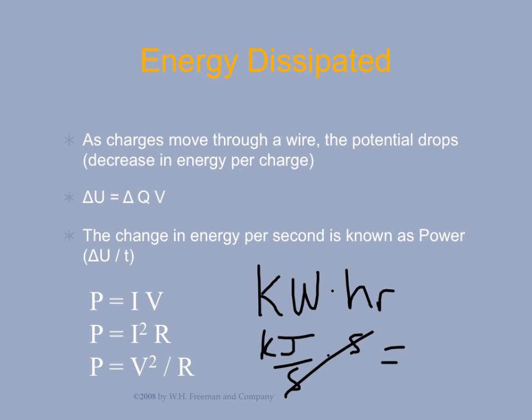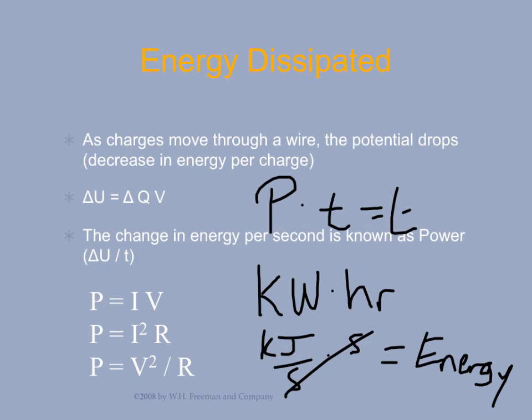You see that I'm actually getting the amount of energy. So the power company wants to know how much energy you're using, and to do that, you take the power rating of a device, multiply by the time that device is running, and that will give you the amount of energy used or lost in that device while it runs.